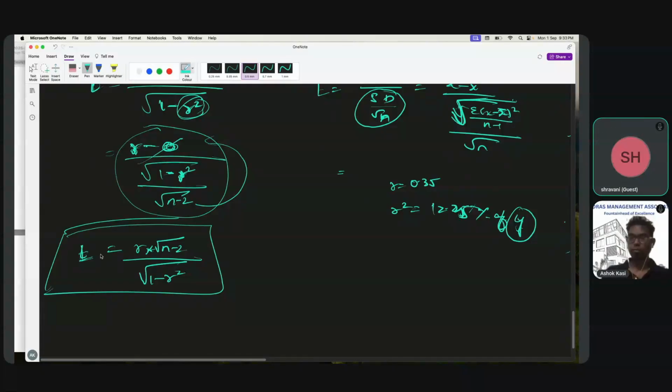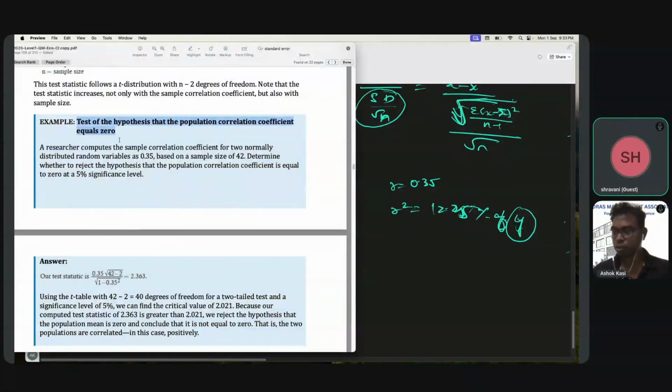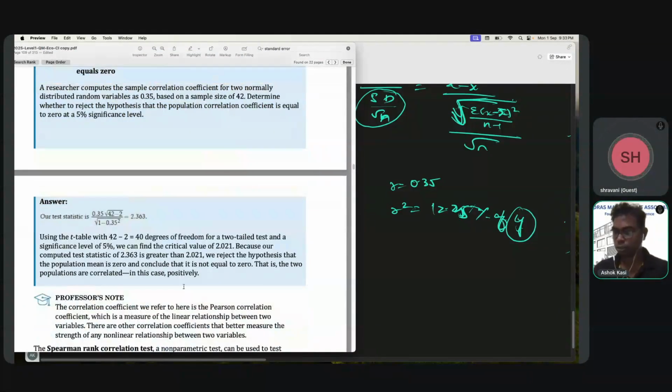Have you understood this formula now? Yes, sir. Rest is just plugging in the numbers. Now you go through this sum, you should be able to understand. This is just one step, and then you read this theory as well in this part. Read now.